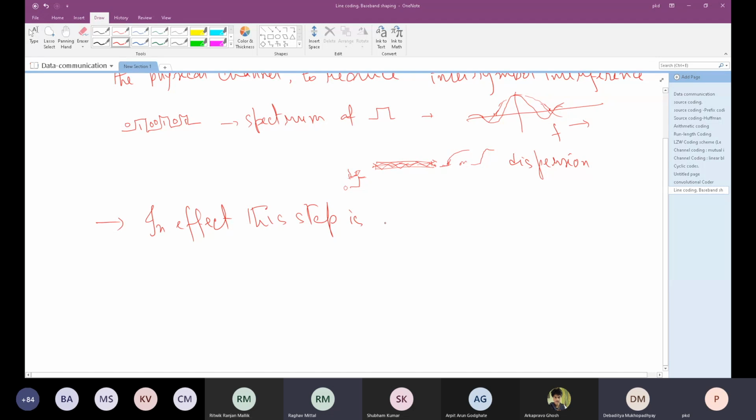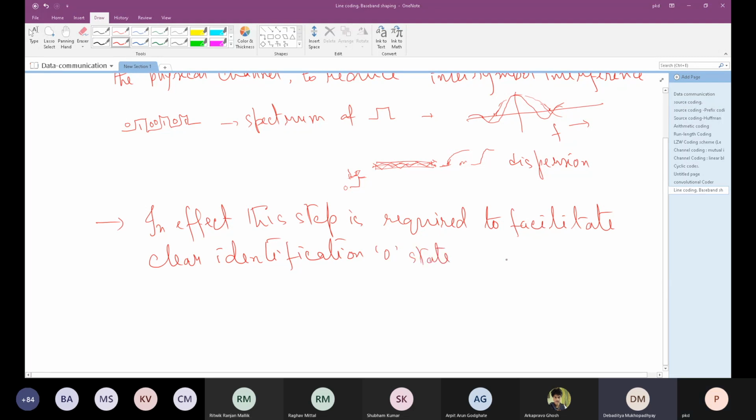In effect, this step is required to facilitate clear identification of the zero state and one state of the digital data.